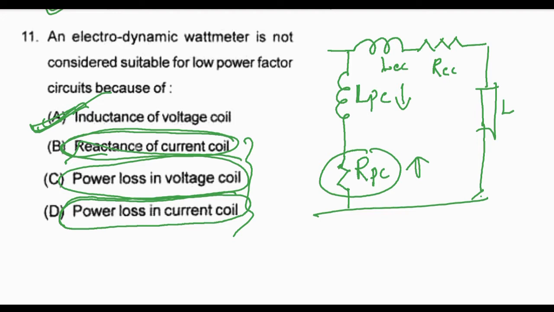So IPC is small, that means the current through the pressure coil, or the potential coil, is very small, but it makes angle beta with the phase voltage.